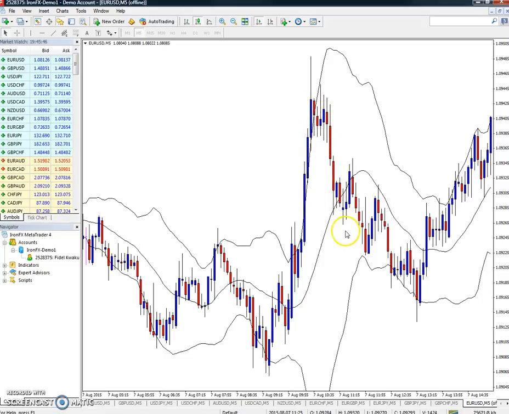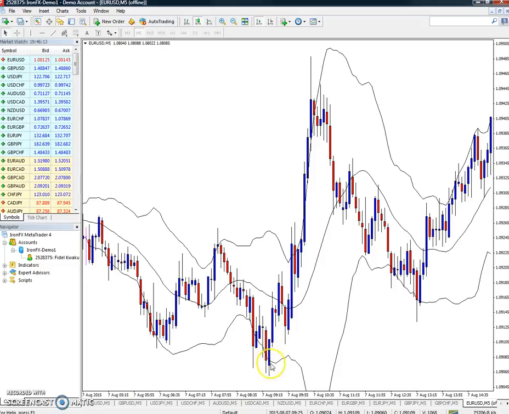So with the Bollinger Band strategy, what you do is you wait for the market's price, or the candlestick, to close outside the lower band. That's a bearish candlestick closing outside the lower band.